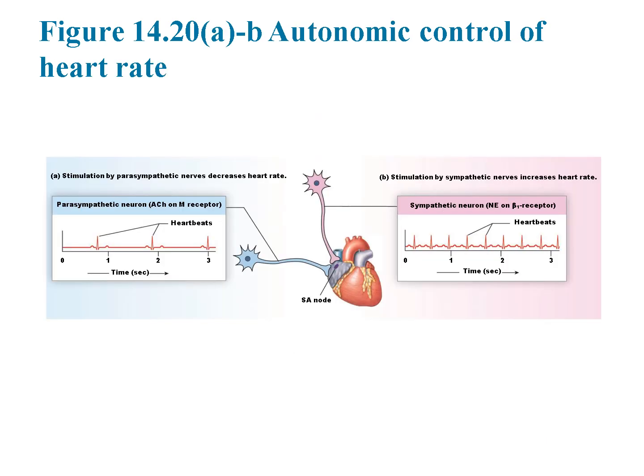The autonomic nervous system regulates heart rate through two opposing mechanisms, parasympathetic and sympathetic stimulation, both acting on the sinoatrial node. On the left side, parasympathetic stimulation decreases heart rate. Acetylcholine is released by parasympathetic neurons and binds to muscarinic receptors on the sinoatrial node.